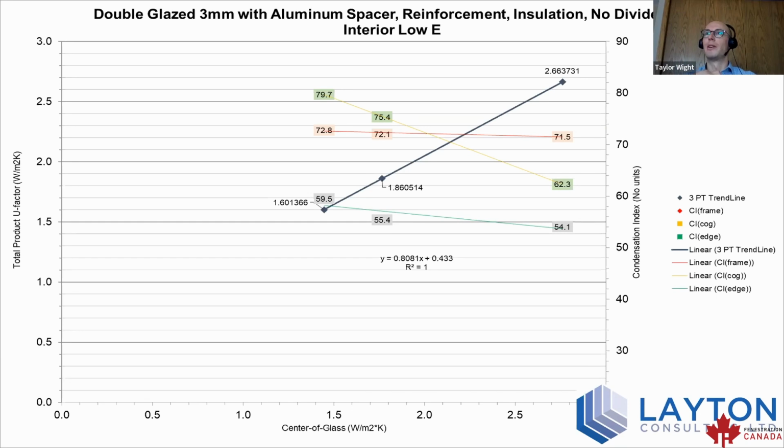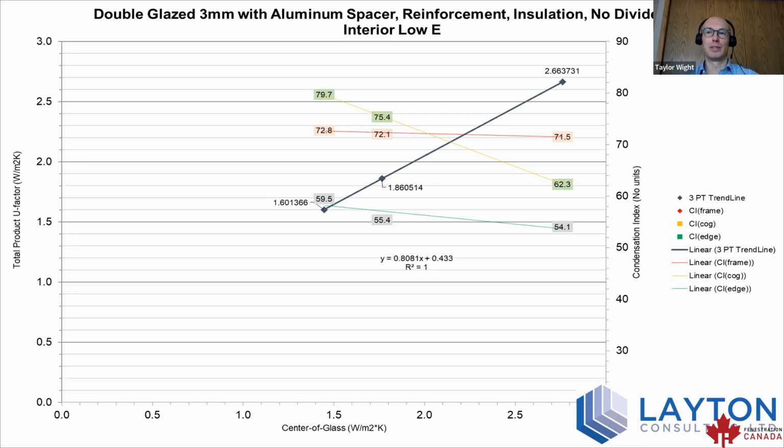With this specific scenario of this window, as you can see from the title, it's a double glazed 3 millimeter with an aluminum spacer, reinforcement, insulation, no divider, no interior low E. So it's a very specific subset of a specific frame that has this particular trend line.